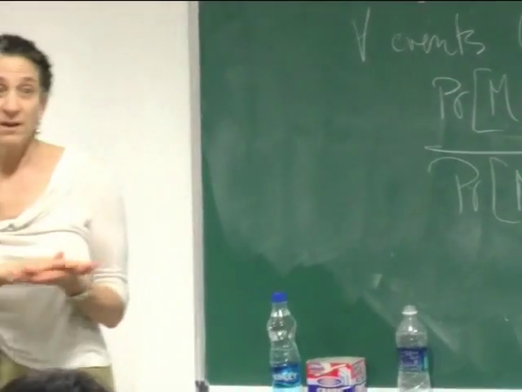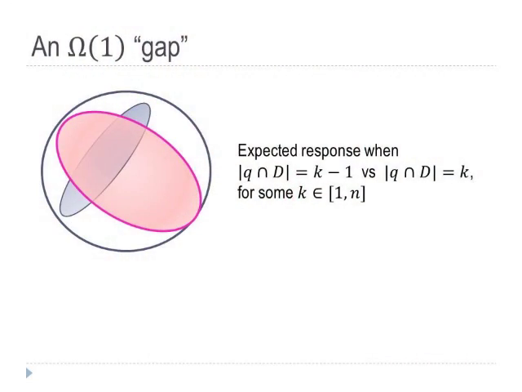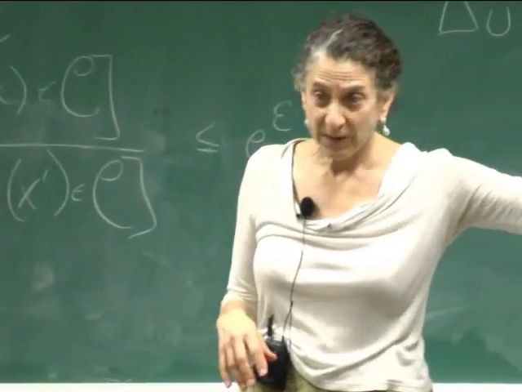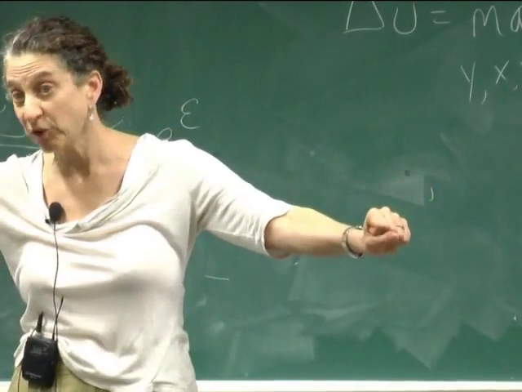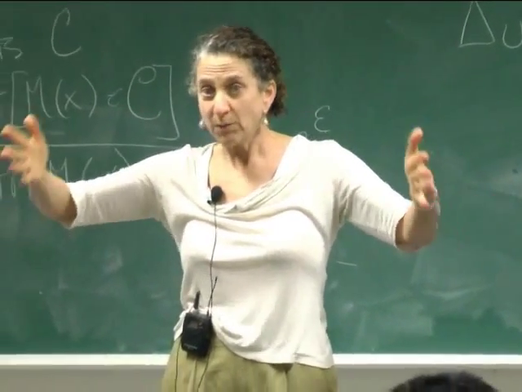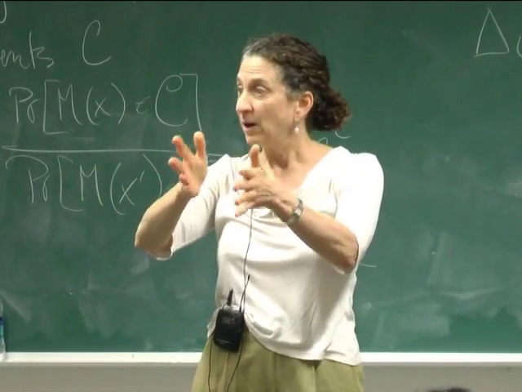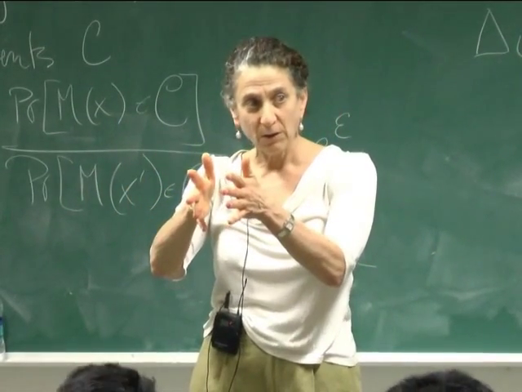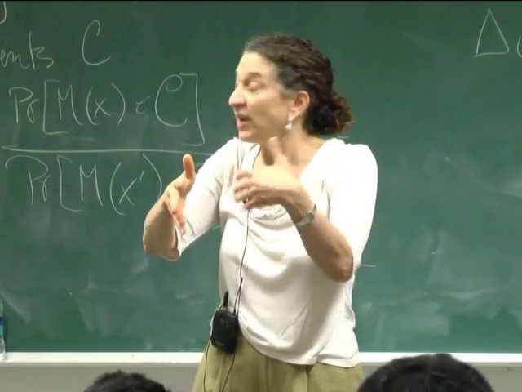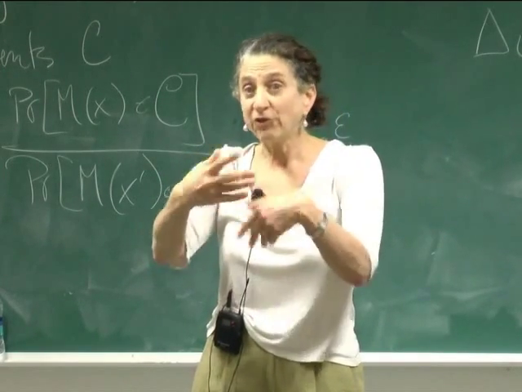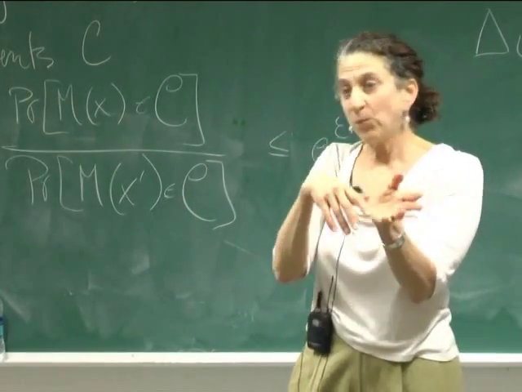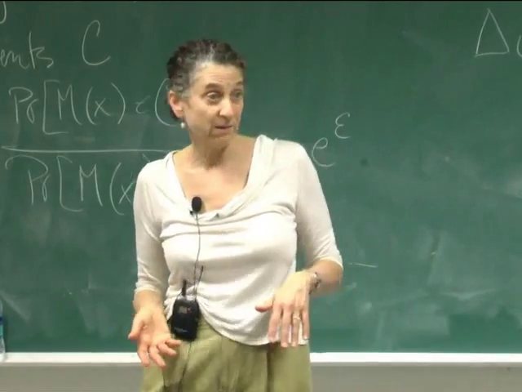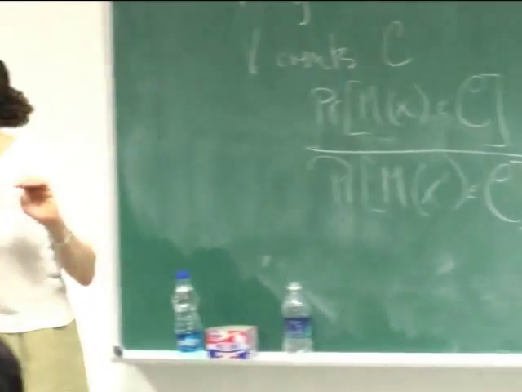Nonetheless, when the intersection is empty, it has to be close to 0. When the intersection is of size n, the answer has to be close to n. So somewhere in there, there's going to be a pair of sizes where when the intersection is of size k minus 1, the answer will look a little bit smaller than when the intersection is of size k, in some expected sense.